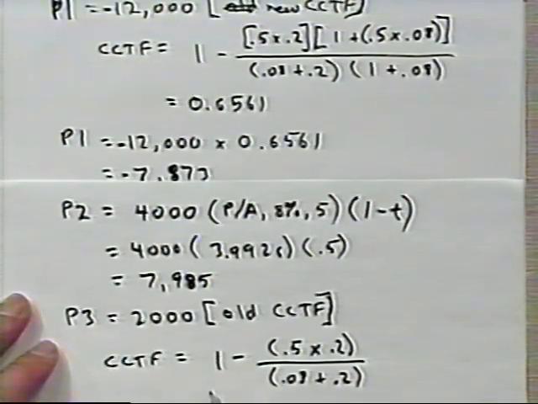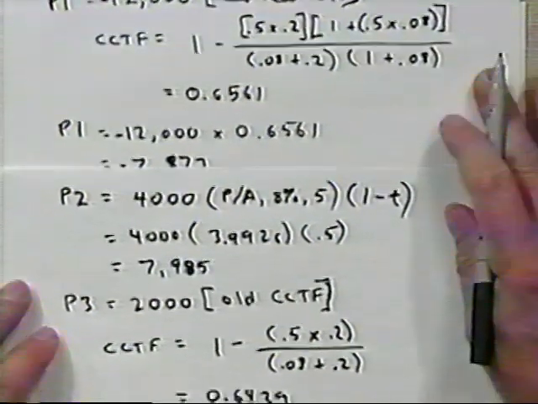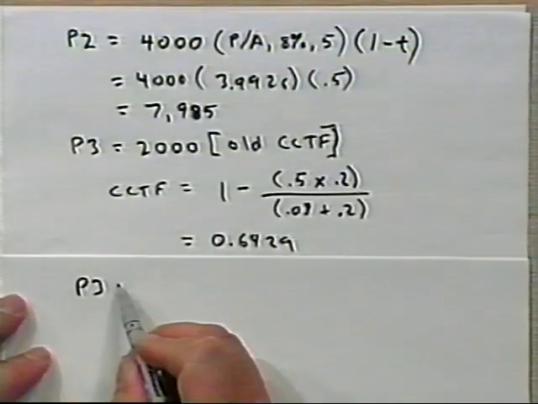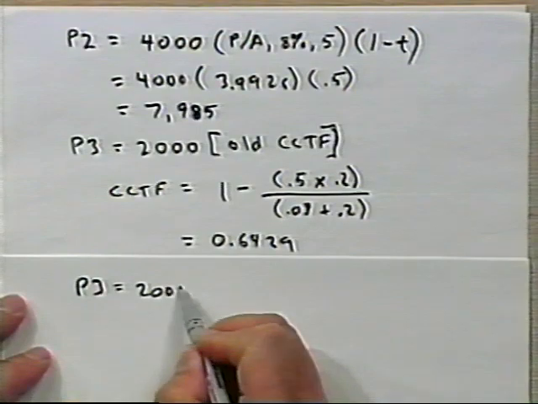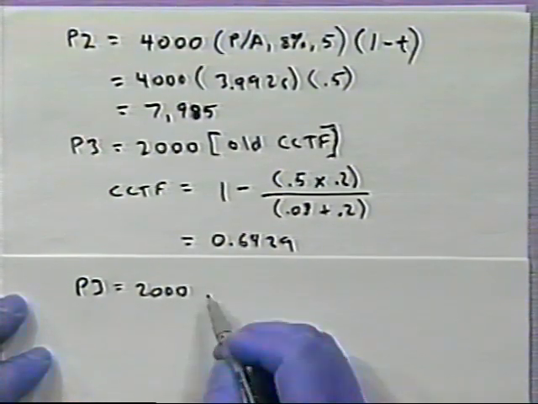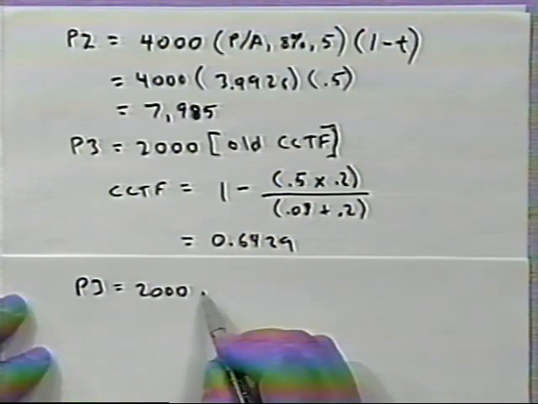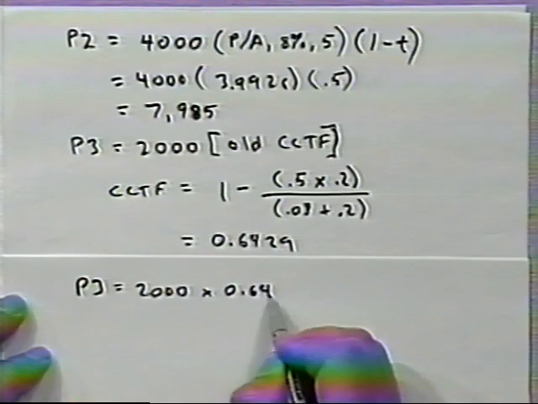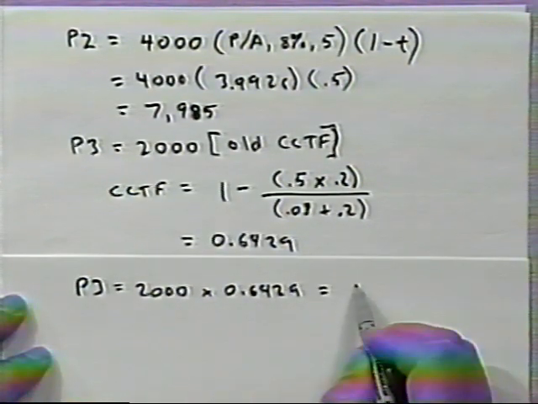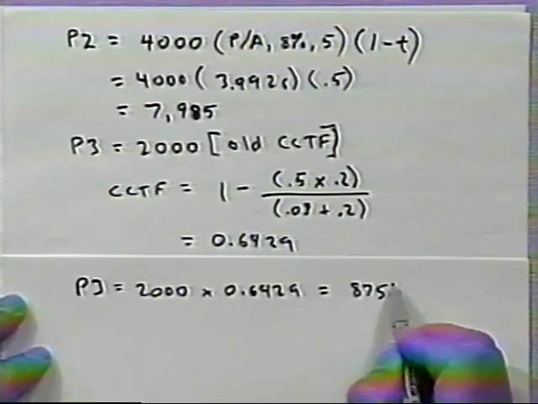And that works out to be 0.6429. So the total present worth for the salvage value then, P3, is going to be the $2,000 apparent salvage value times that old CCTF of 0.6429. And that works out to be $875.